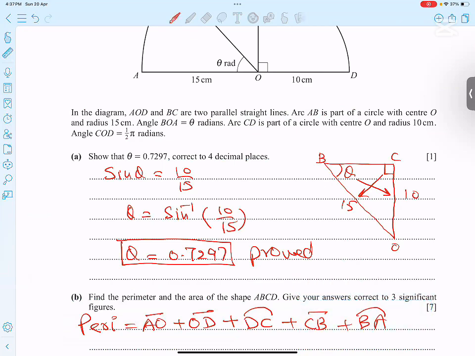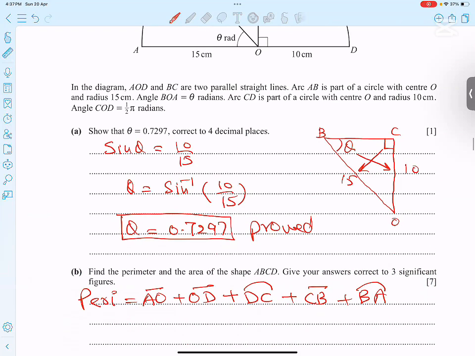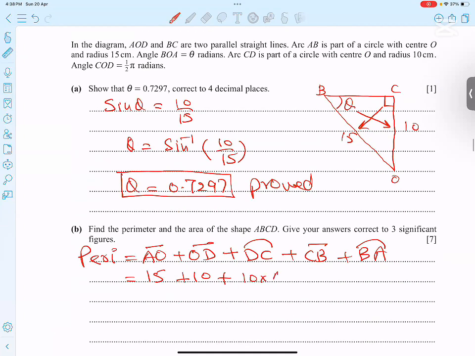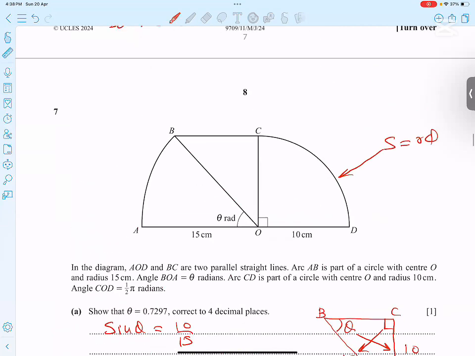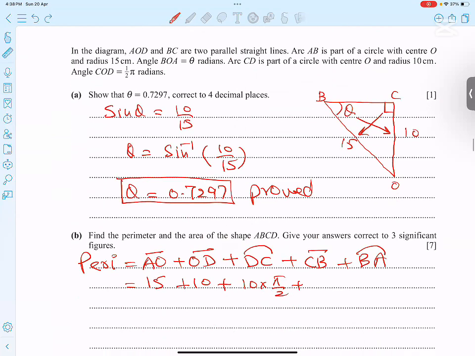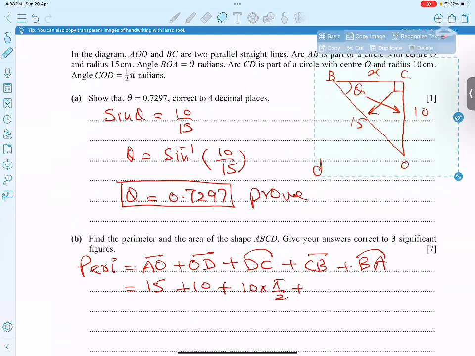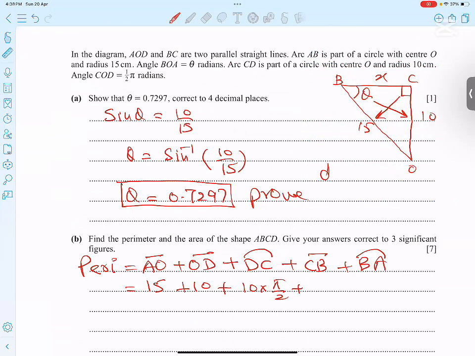Let's see how we can fulfill the plan. First of all, these two values are clear. Obviously, these are 15. Next one is 10, clear. Arc length formula: S is equal to r theta. Radius is 10 and theta is pi by 2, so 10 times pi by 2. Plus now this CB, how to get this one? We have to go for Pythagoras theorem.